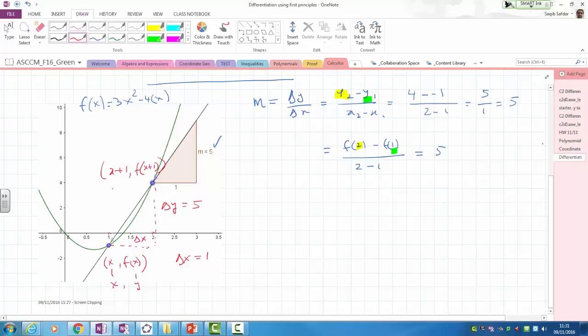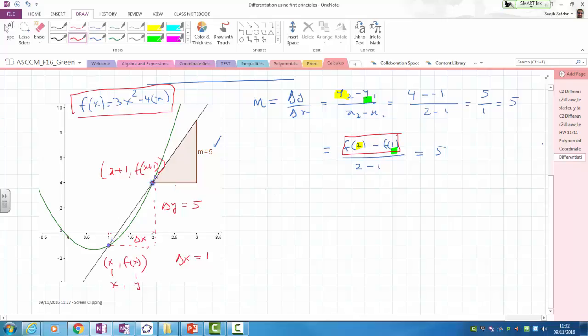And so what I've got is x plus 1 as my new x coordinate. And the y coordinate would simply be, inside f(x), instead of putting x, just put x plus 1. In other words, if this is 2, put f of 2. Yeah? Is everyone convinced with this line here? This f of 2 take away f of 1.